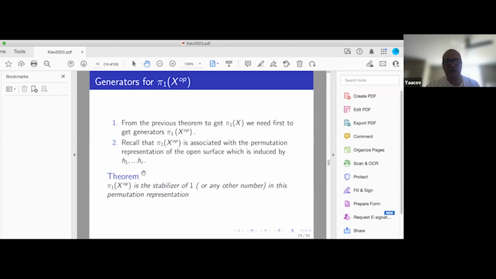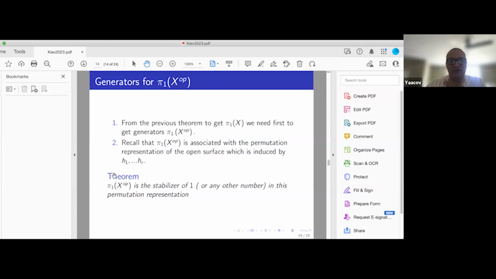This is where the permutation representation comes from, and the fundamental topology tells us that the fundamental group of the open surface is just a stabilizer of 1, or any other number, in this permutation representation. Any other number will do as well because we have transitivity. So all these groups are conjugate to each other.